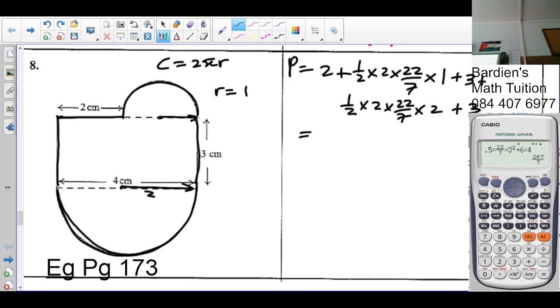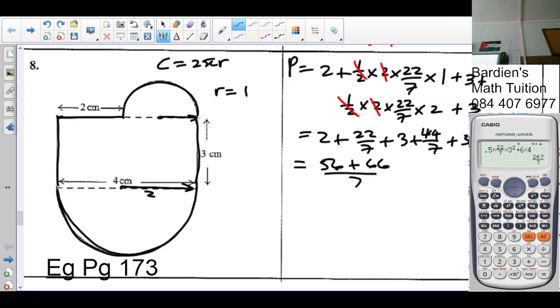Okay, so that's going to be 2 plus, the half and 2 cancel. 22 over 7 times 1 is 22 over 7, plus 3, plus that cancels, leaves you with 44 over 7 plus 3. That's going to give us 6 plus 2 is 8. 8 times 7 is 56 plus 66 over 7.